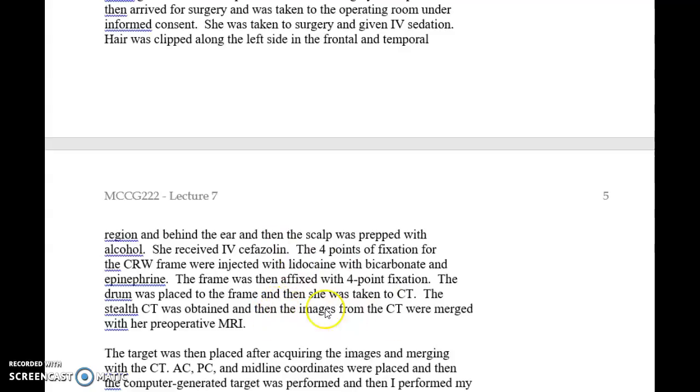But the reason these images are so important is because they use them as a target point for where to place the electrodes. That gives them an idea, when they start actually going in, of where they are going to place the microelectrodes and the electrodes.